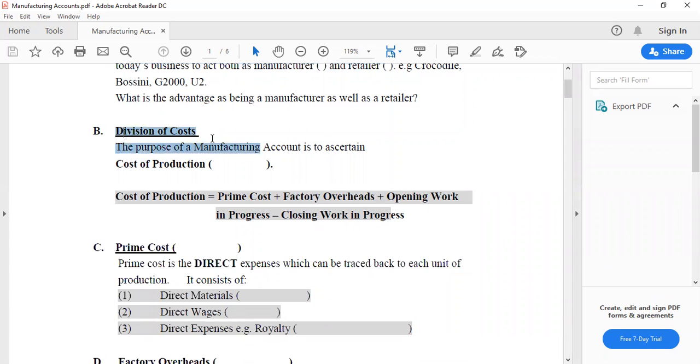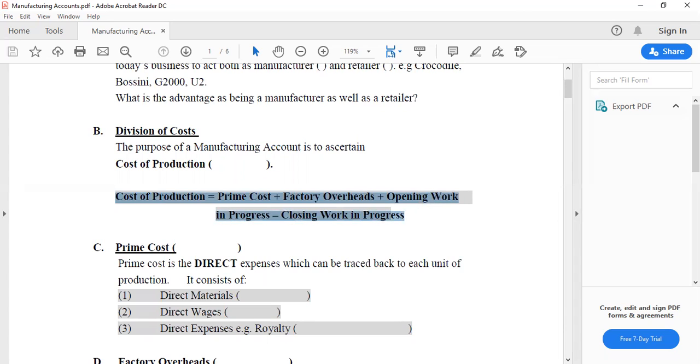Next we look at the division of cost in the manufacturing account. To ascertain the production cost, we look at the breakdown of costs incurred in manufacturing.